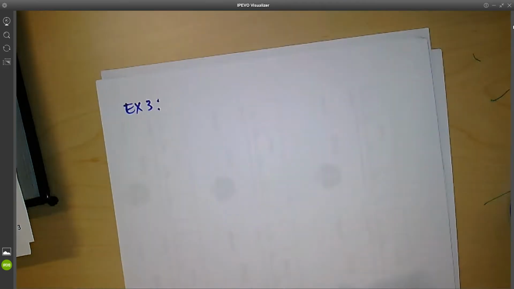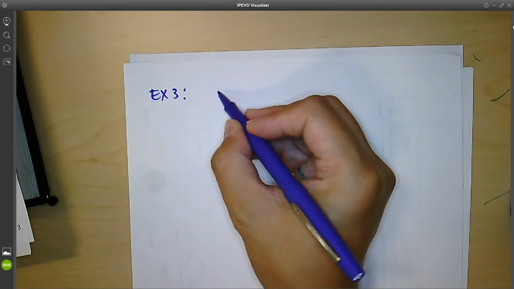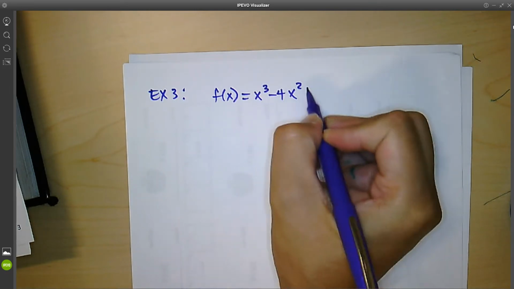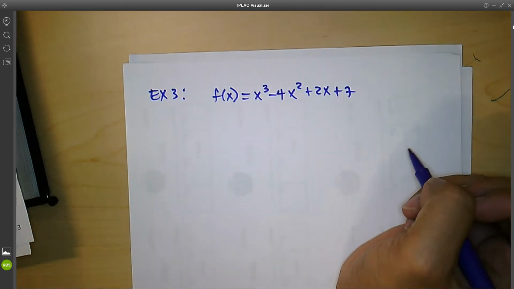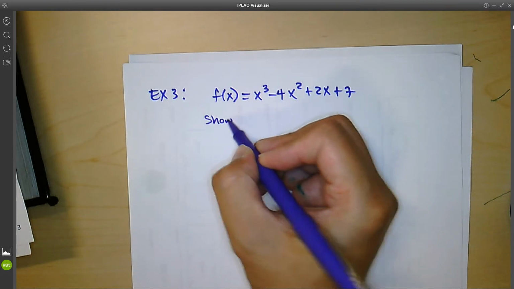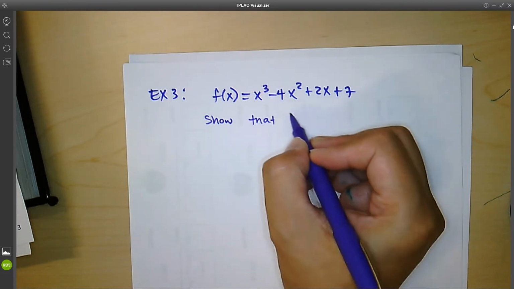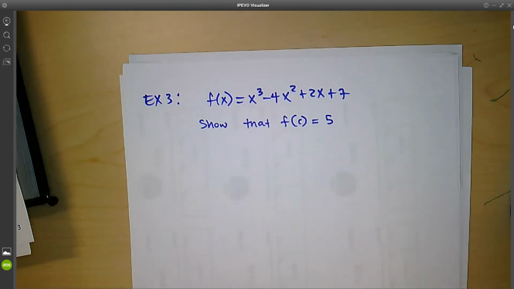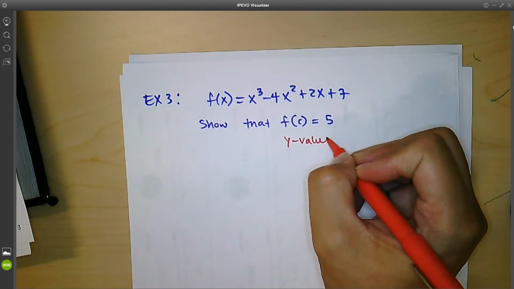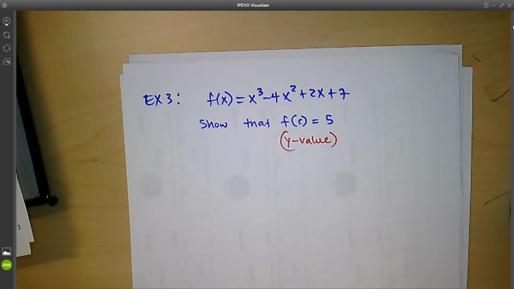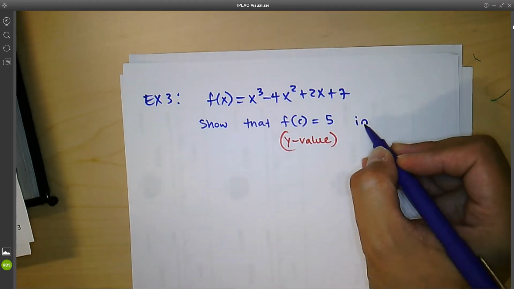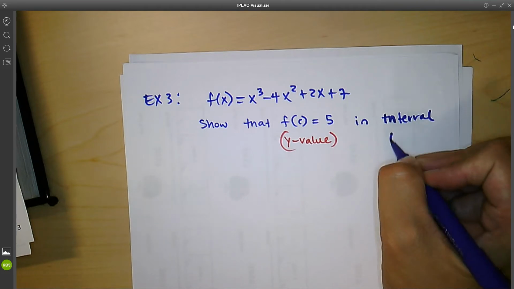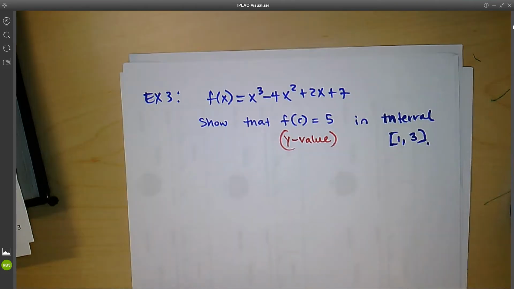It says there is an equation, and the question wants you to show that there is a y value of 5 in the interval 1, 3.